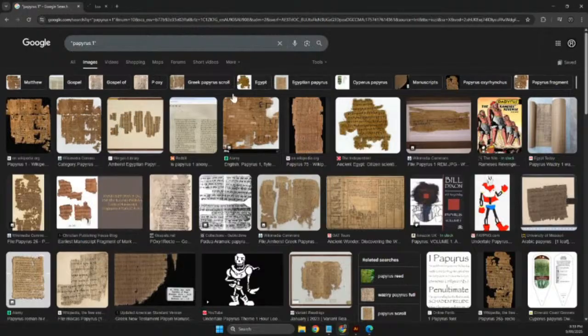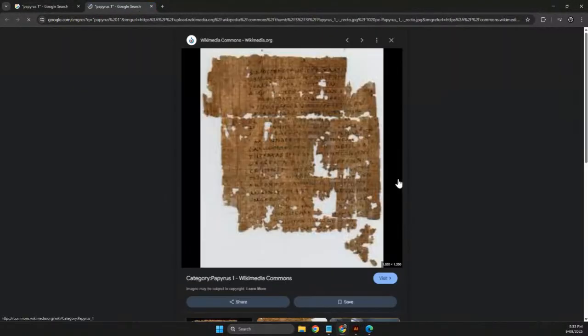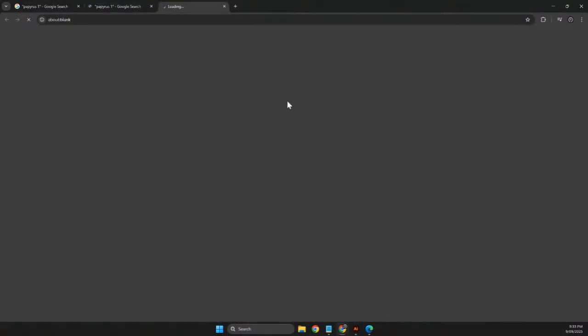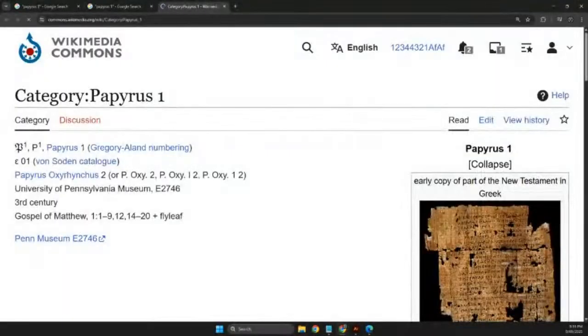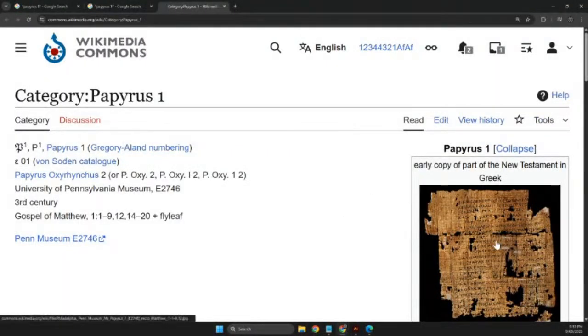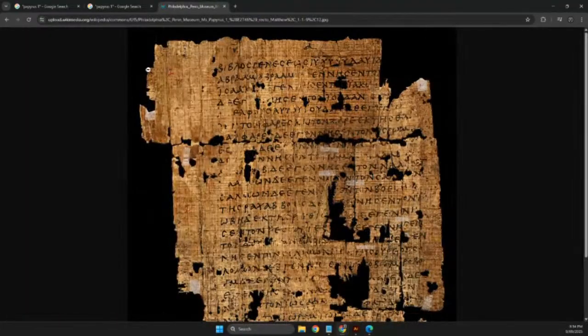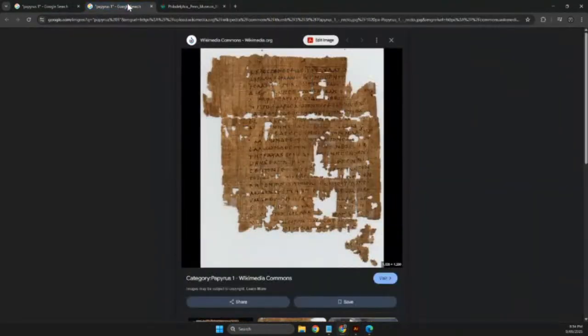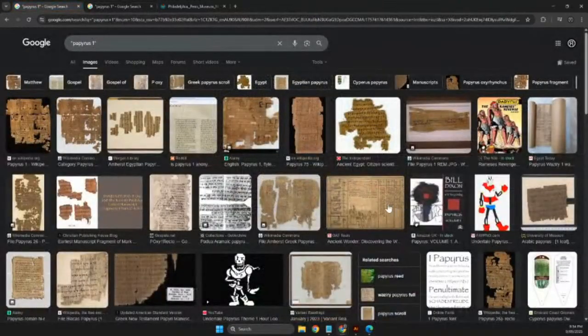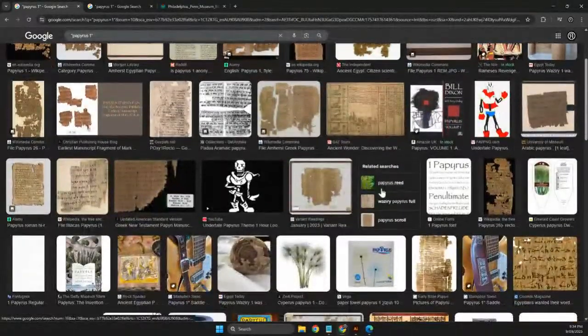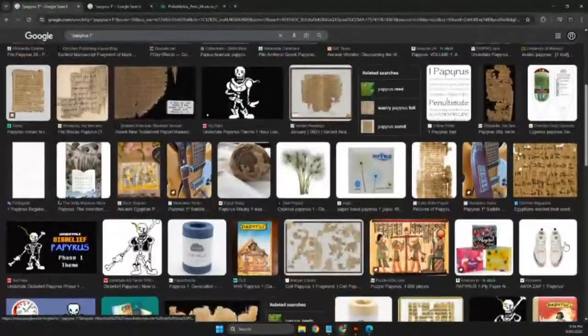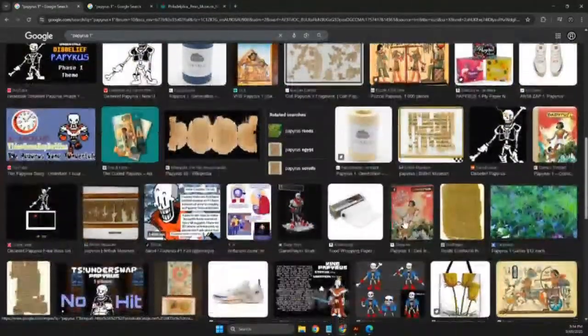Okay, so Wikipedia seems to have quite a big focus here. Okay, Papyri 1. All right, that's as big as I can get it on Wikipedia, which isn't that great. Okay, large images.